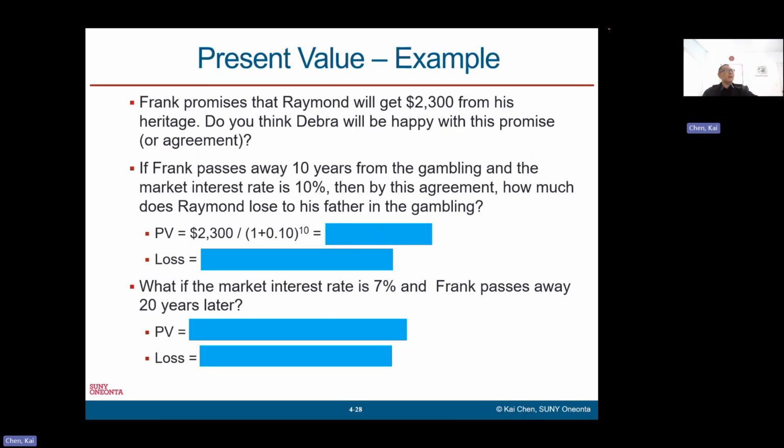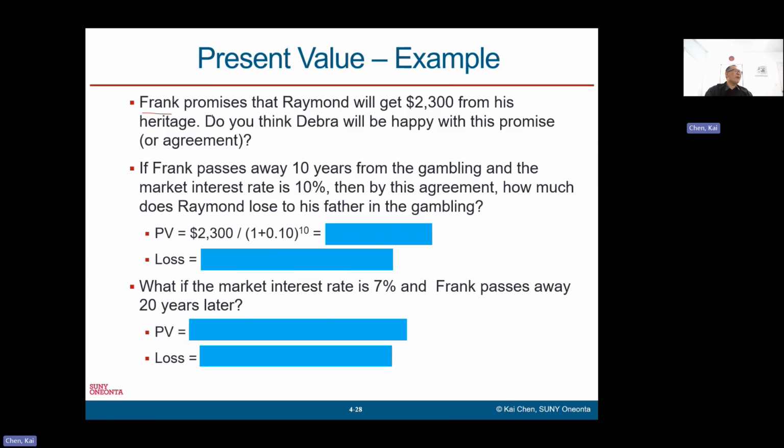Now, after we know the present value formula, we're going to use it to look at Raymond's gambling issue. Raymond lost $2,300 in gambling to his father, Frank, and now Raymond's wife, Deborah, wanted Raymond to get the money back.